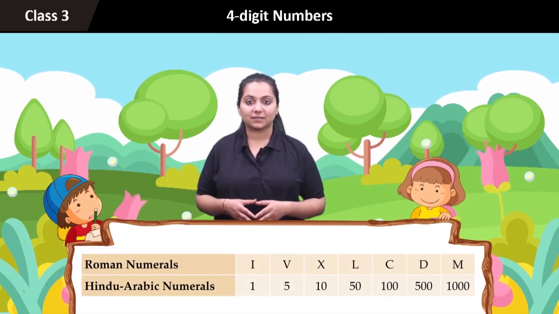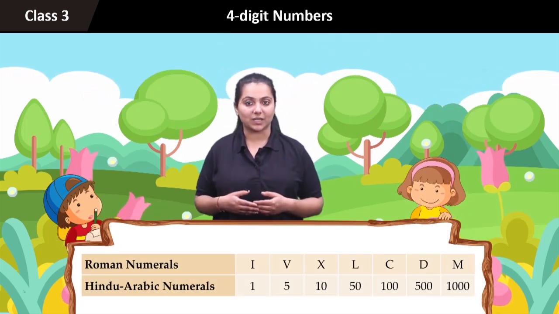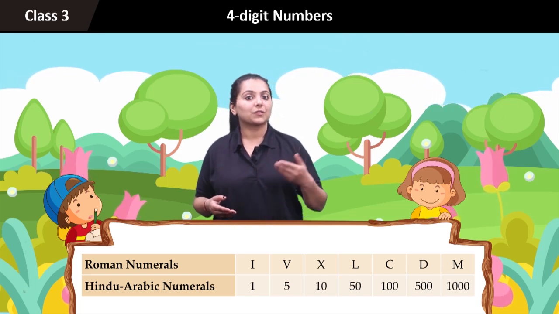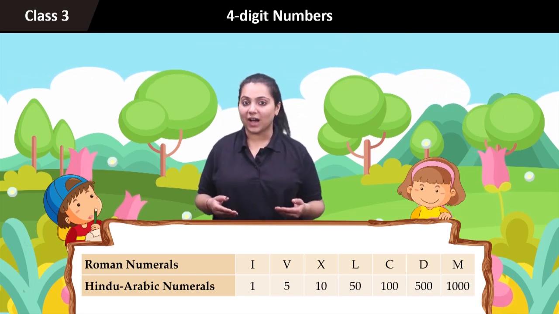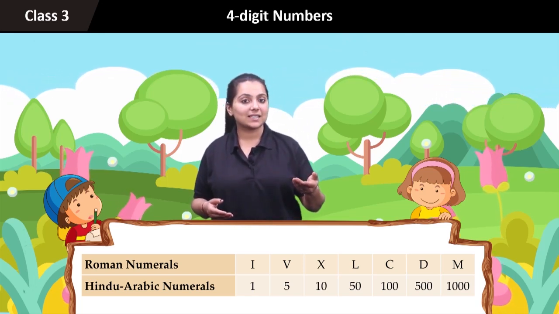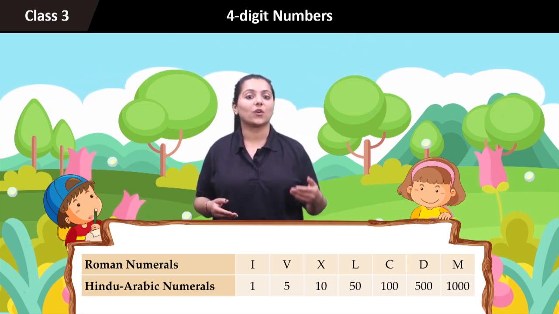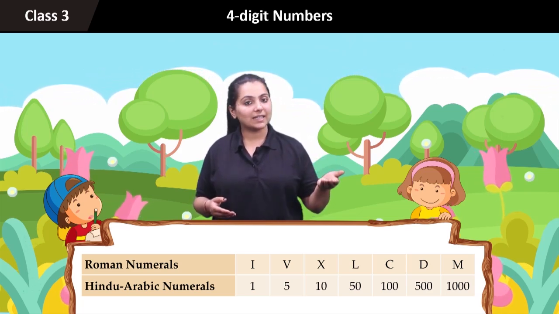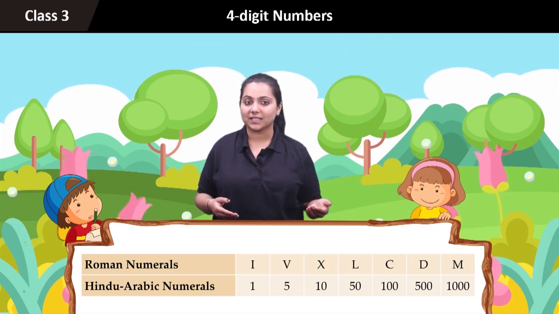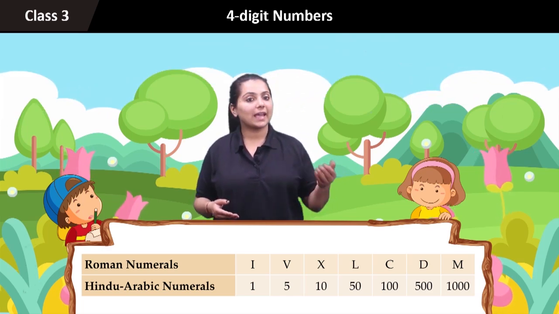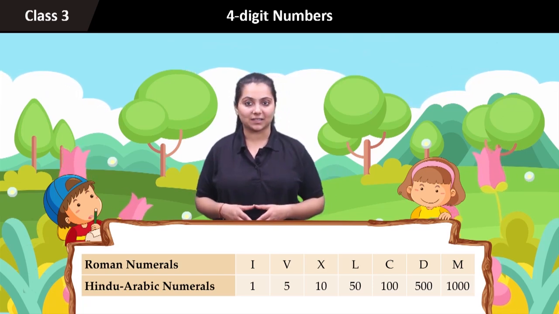Roman numerals and Hindu-Arabic numerals: I stands for 1, V stands for 5, X stands for 10, L stands for 50, C stands for 100, D stands for 500, M stands for 1000.